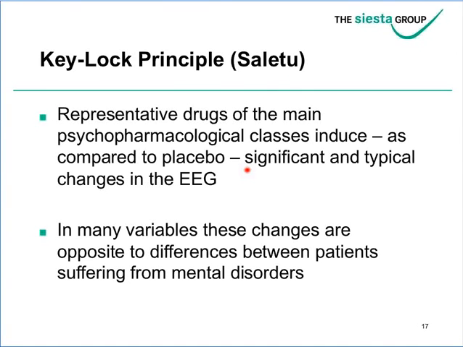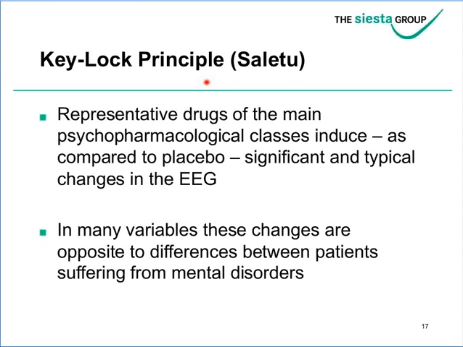take the whole EEG paradigm even a step further beyond the questions that I've already shown you that EEG can answer, and introduce a principle that was coined by one of our shareholders, Professor Saletu here in Vienna, the key-lock principle.